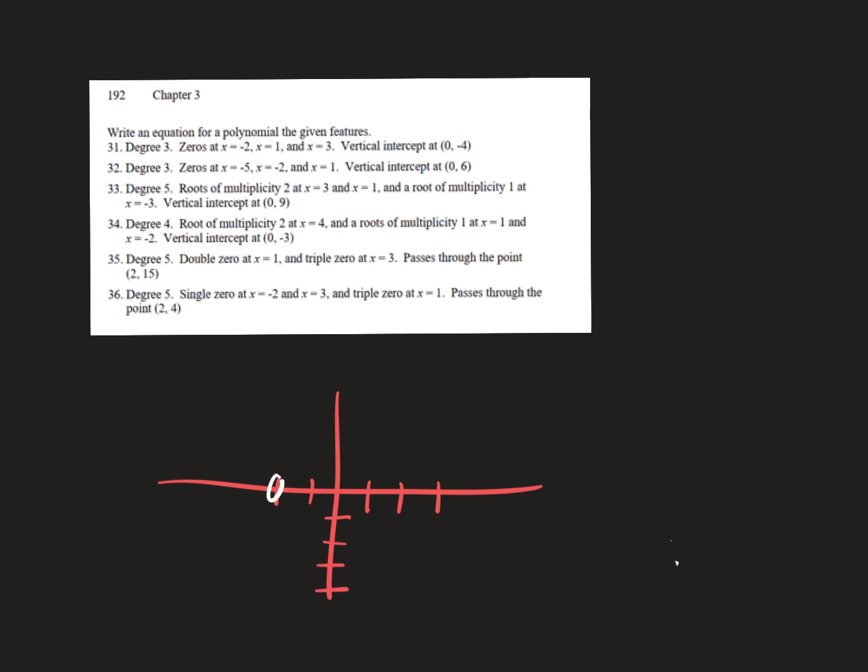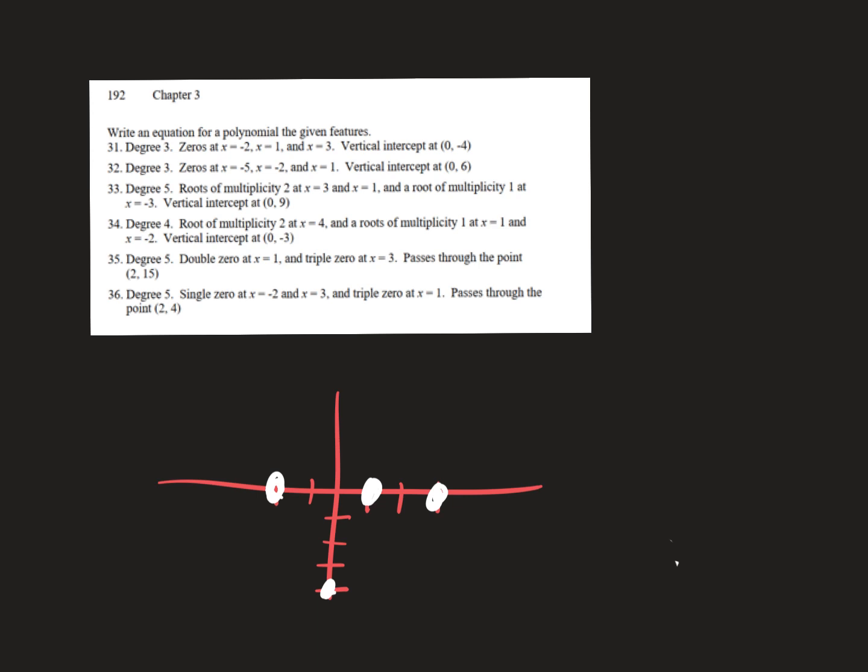I missed a zero here. It doesn't tell me anything about multiplicities, so I know there probably won't be any bounces or wiggles.